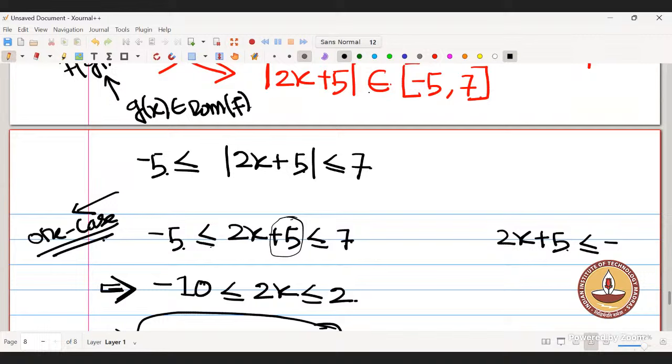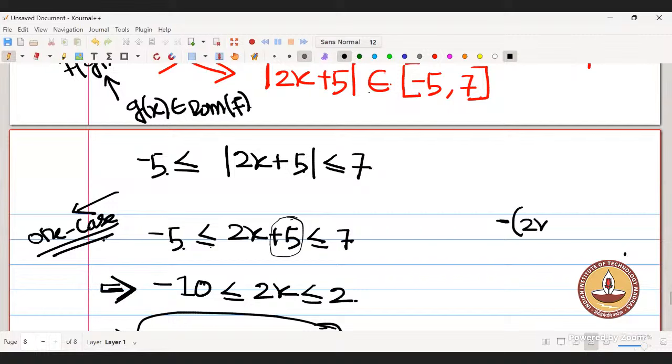If you take the -1, then you have to multiply by -1, so you will get this sign, +5. If I multiply, then I will get -7. The equality will change. Sir, it will be less than 5.